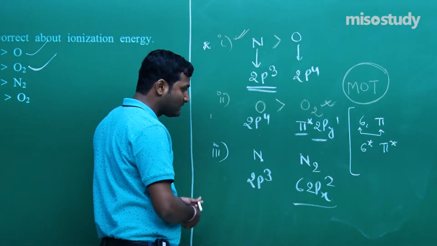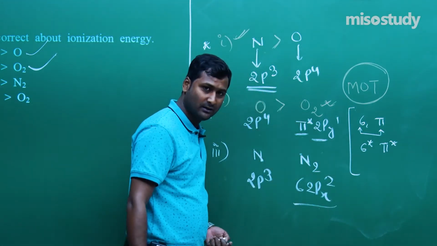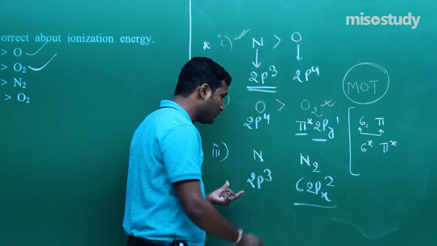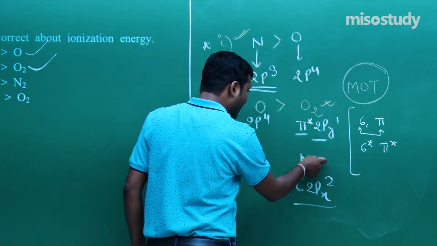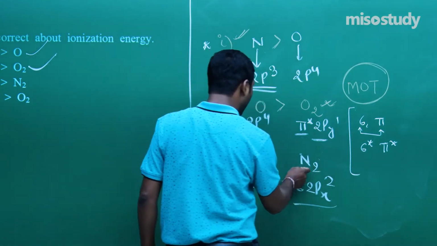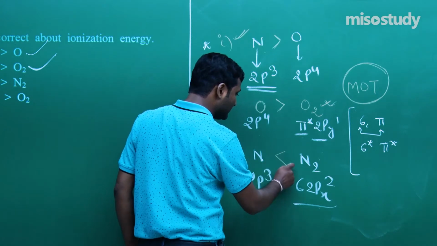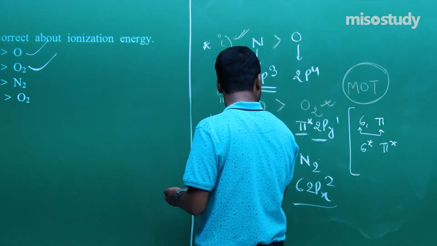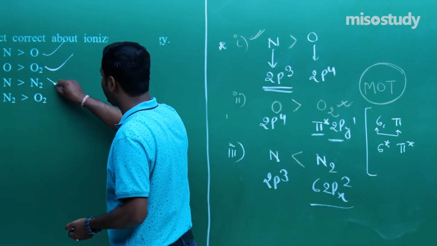Now molecular orbitals are more stable than a single atom. Due to this reason it will require more energy, that is, N has ionization energy more than N2. So the order is N less than N2. So in this case, this one is incorrect.